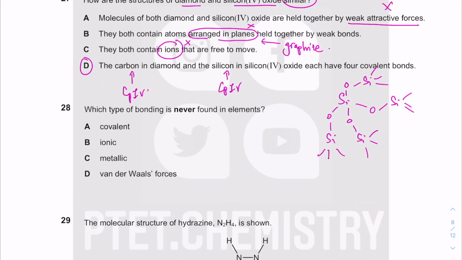28. Which type of bonding is never found in elements? Covalent. Well, there are a lot of examples, fluorine, chlorine. Each of these is an example of a covalent bond, and each of these is an element. Elements can be molecules, and elements can also be atoms. So A is wrong.